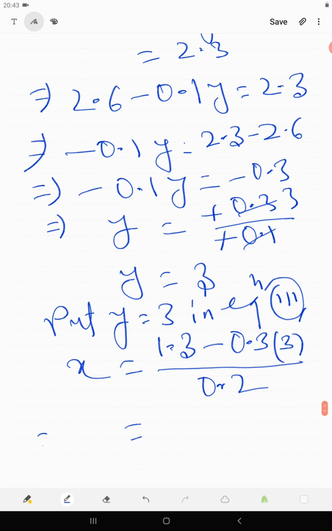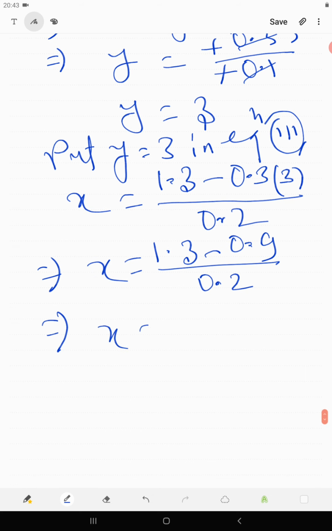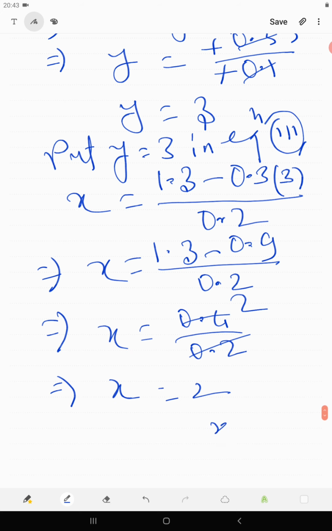So this simplifies x equals to 1.3 minus 0.3 into 3 is 0.9 divided by 0.2. Now 1.3 minus 0.9 is 0.4 divided by 0.2. 0.2 twos is 0.4. So we have got x equals to 2. So x equals to 2 and y equals to 3. This is our solution.